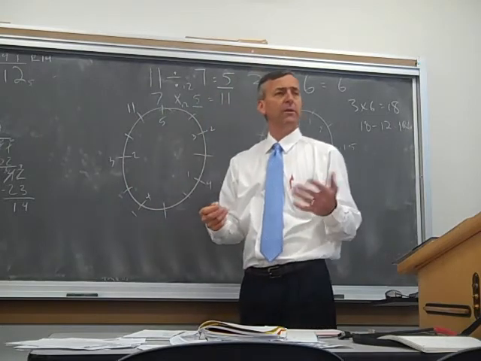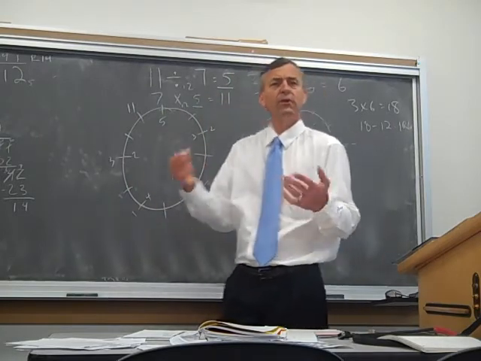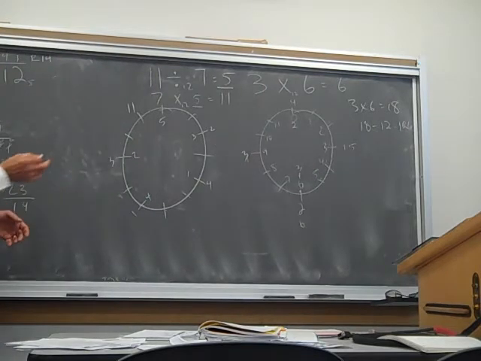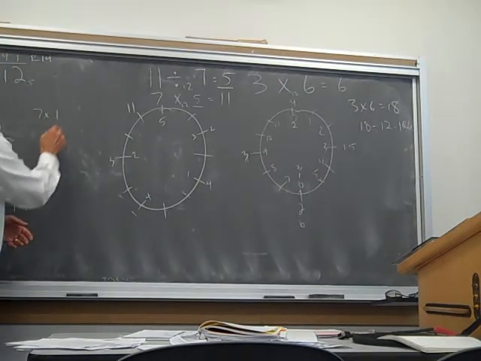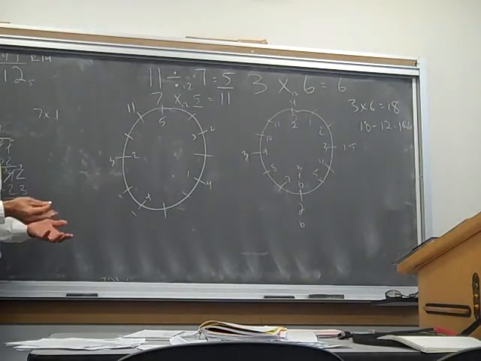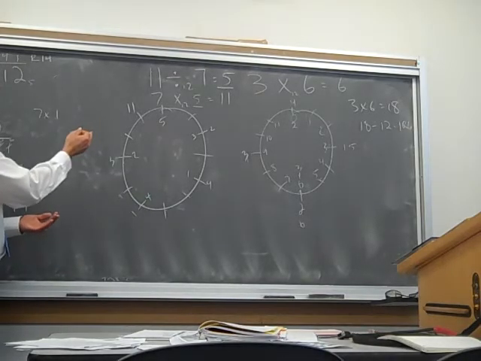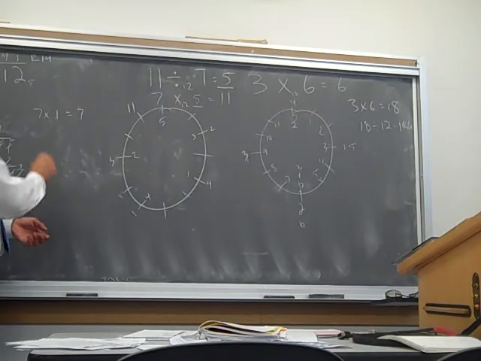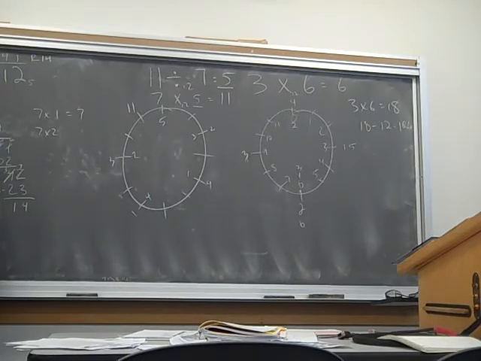Now another way you could do it is you could just try this. You don't need a clock to do this. You could say 7 times 1 is 7. If I divide 7 by the clock 12, write the remainder, I get 7. Right? 7 times 2 is 14.